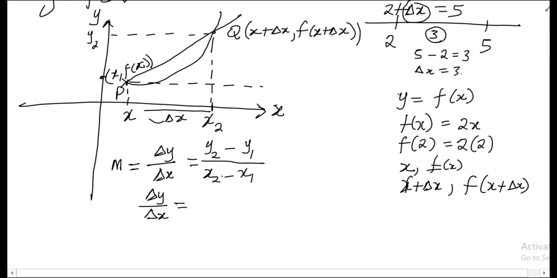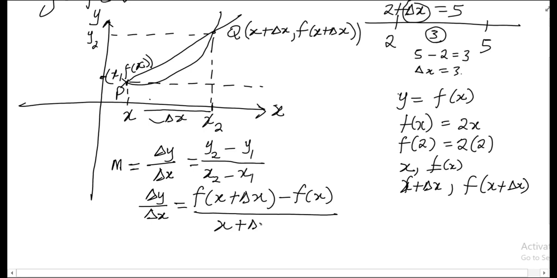So our dy/dx will now be equal to y2, which is f of x plus dx, minus our y1. Here our y1 is f of x, all over x2, which is x plus dx, then minus x1, which is x itself.